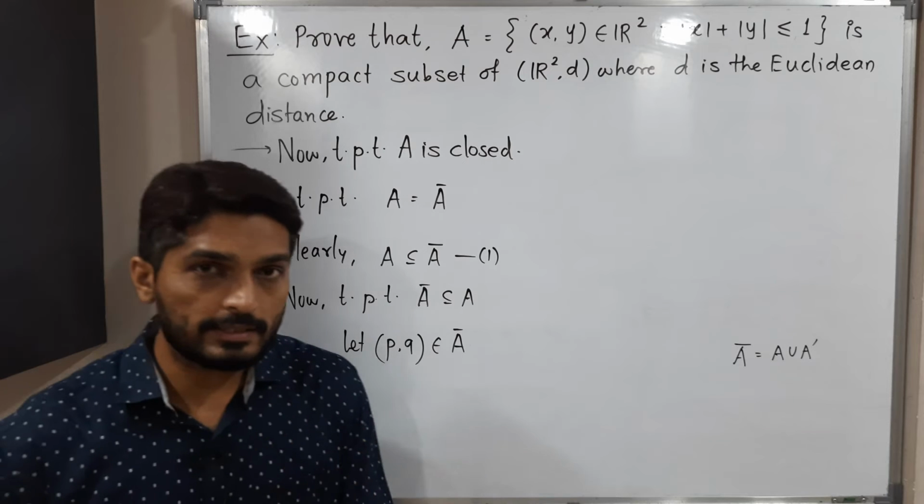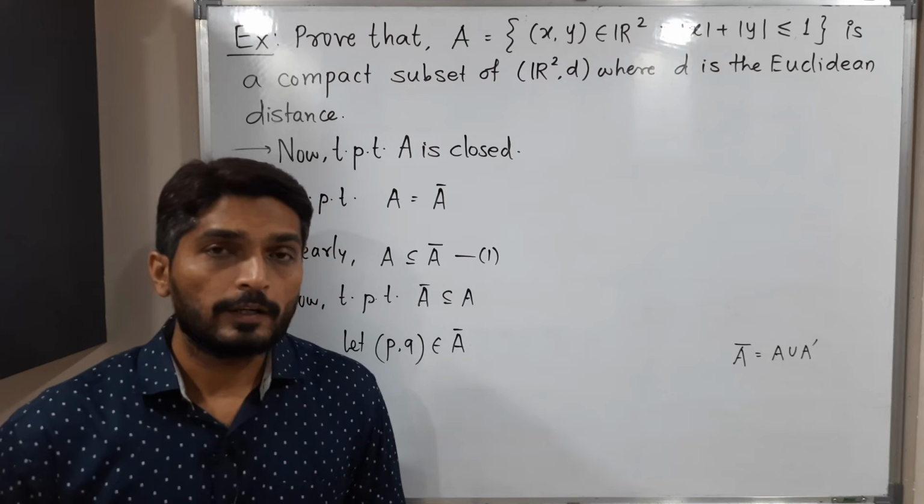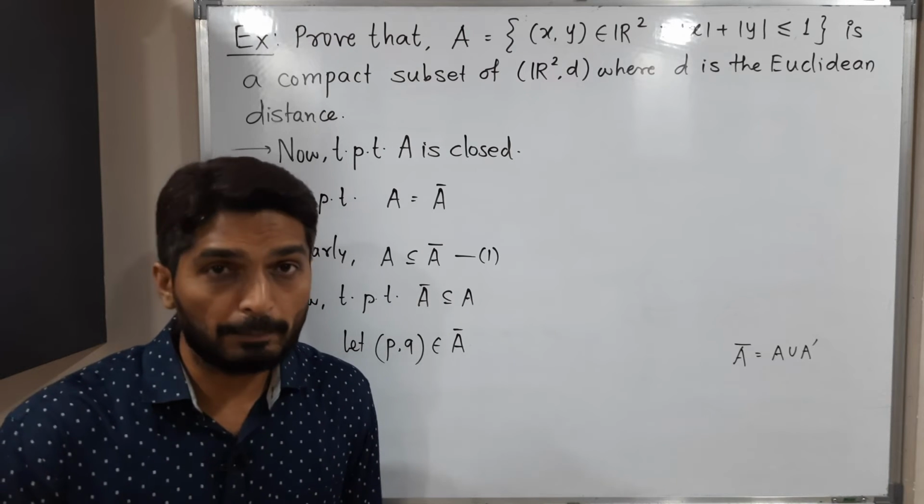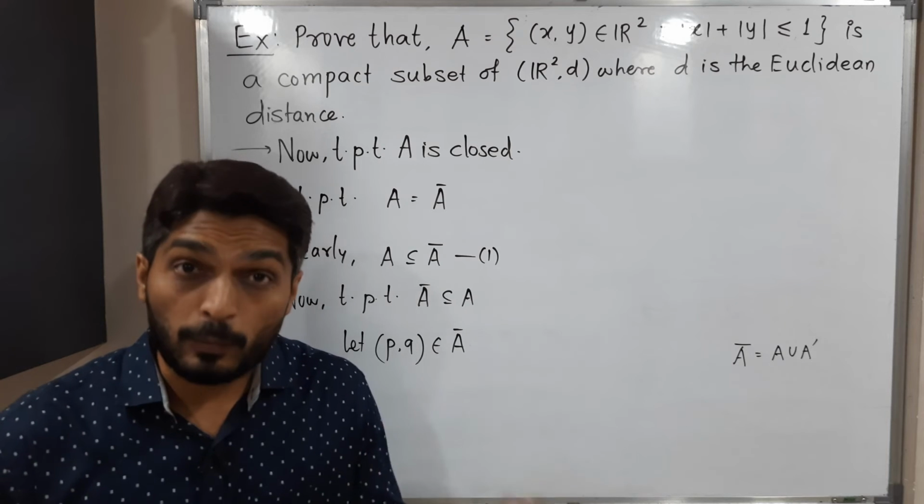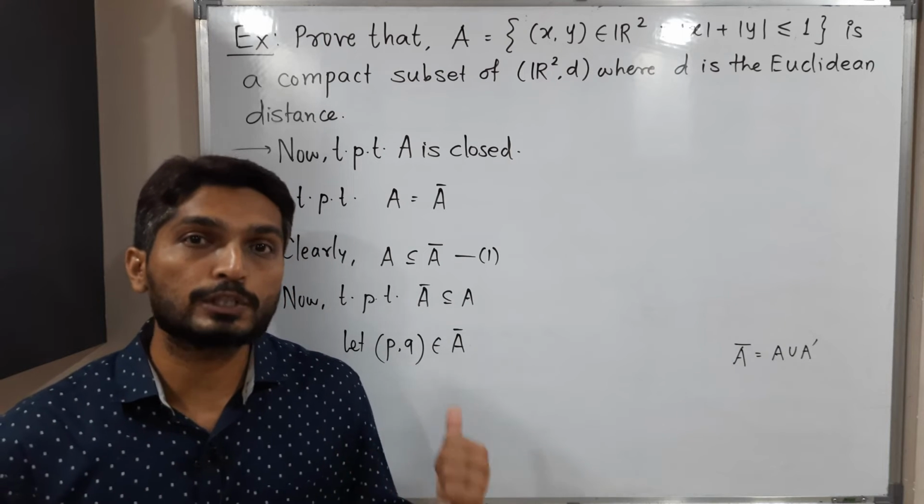There is one result which we have already proved: if you have any point from A bar, it means there is a sequence of points of A which converges to this point.